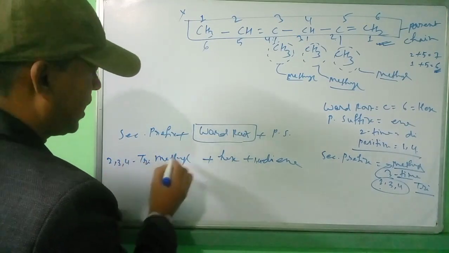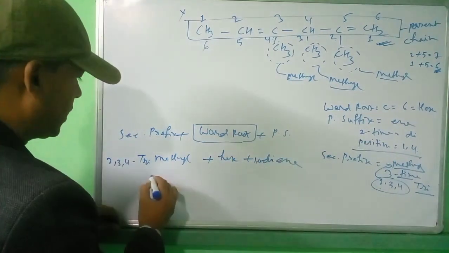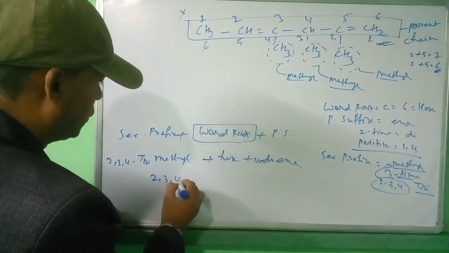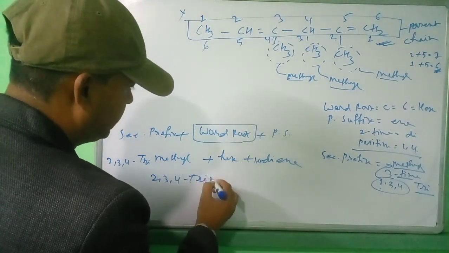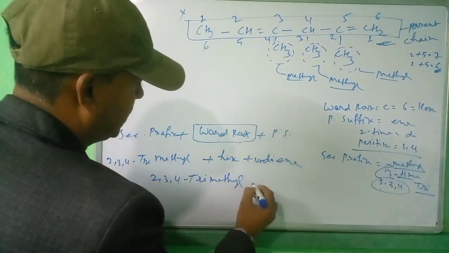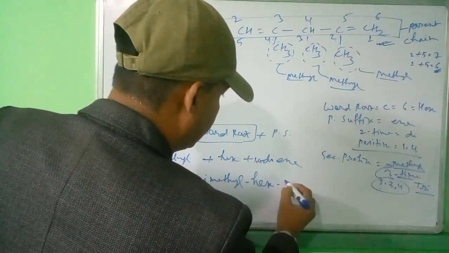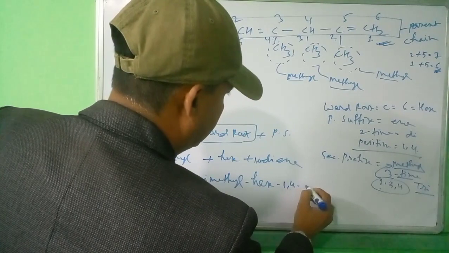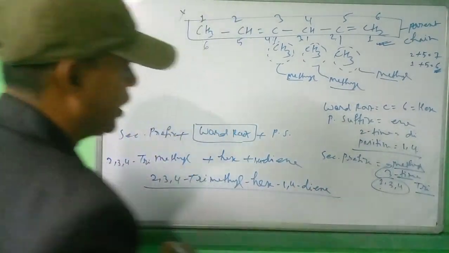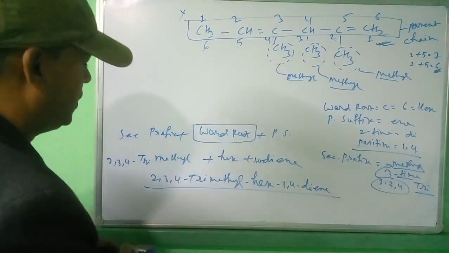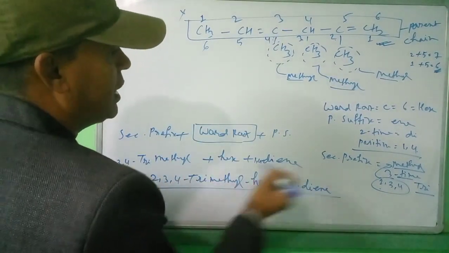So finally you get 2,3,4 dash trimethyl dash hex dash 1,4 diene. So this is the IUPAC name of this compound: 2,3,4 dash trimethyl hex 1,4 diene.